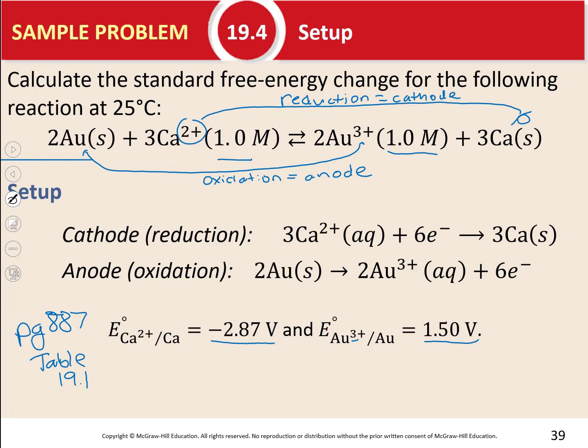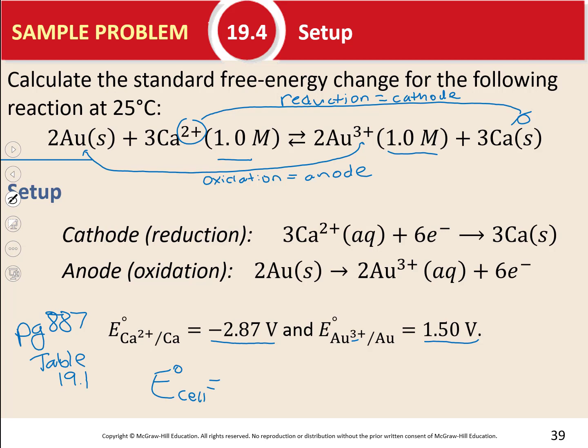All right. So let's go ahead and calculate E standard of this cell. So that's the cathode minus the anode. So our cathode is going to be which one again? Calcium. Good.